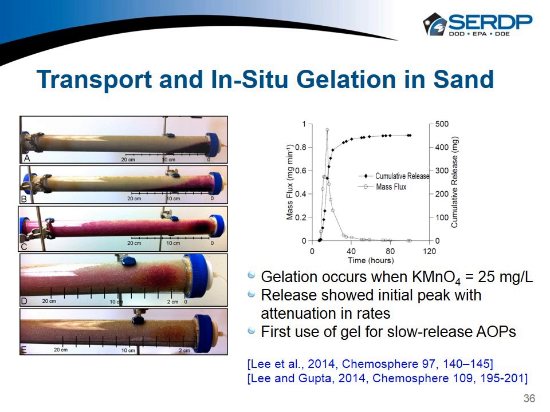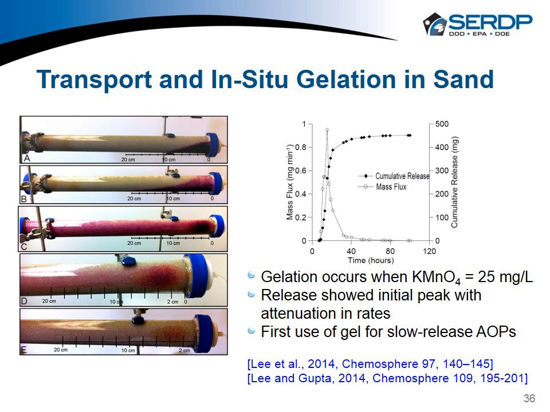Similar to the graph Dr. Stolper showed, the concentration increases, there's an initial peak concentration, and then it rapidly decreases and sort of stabilizes. In this case, the release lasted for about 100 hours.